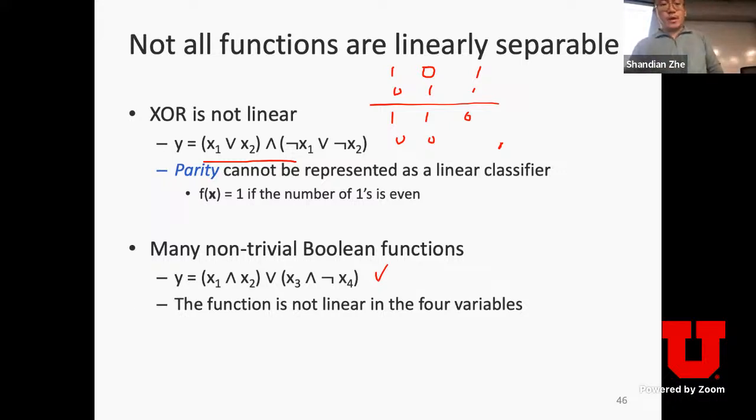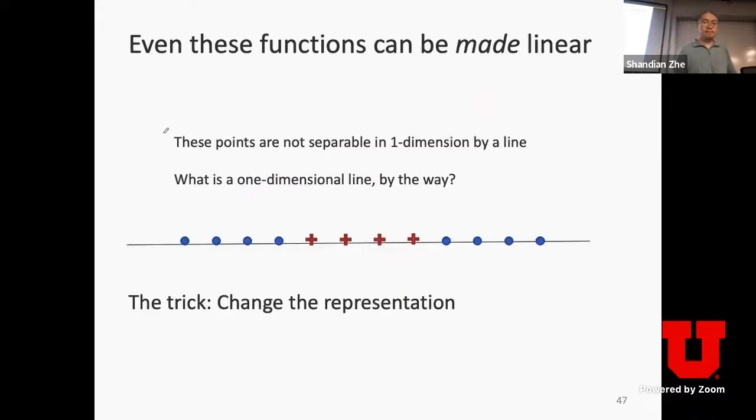Okay, although a linear classifier itself cannot handle this XOR case, do we have any remedies to address this issue? Here we're going to introduce a very effective trick, which is called feature mapping. So look at these one-dimensional points, right?